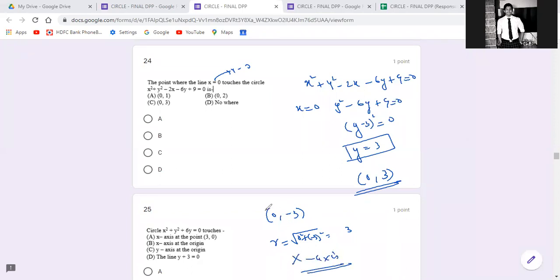And its center is on the y-axis, that means it touches the x-axis at the origin. Whenever you have a doubt, just sketch it and you'll get the answer. Center at 0, minus 3, radius is 3, so it has to touch the origin.